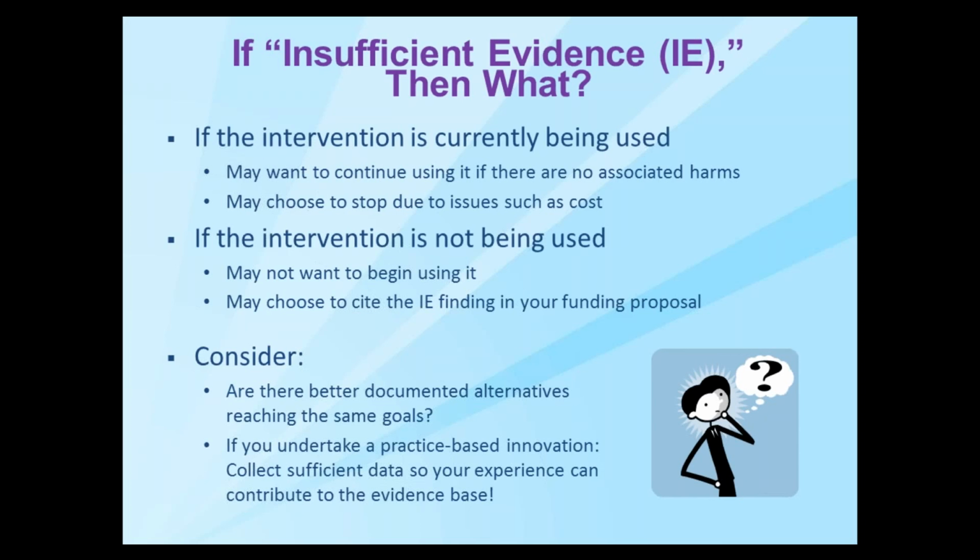If you haven't yet come to something, you may want to go to an area where there is better evidence, or you may say in a funding proposal, for example, this is something that may work well in our community and we want to build the evidence base by evaluation. So if you actually do undertake an innovation in your community, please try to collect data and provide it back to us and others so that you can help contribute to the evidence base and fill in those gaps.